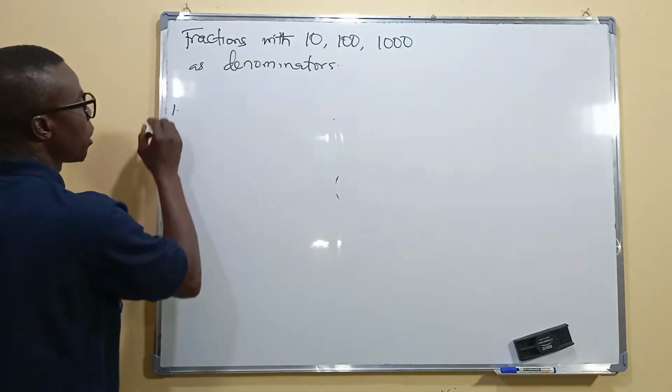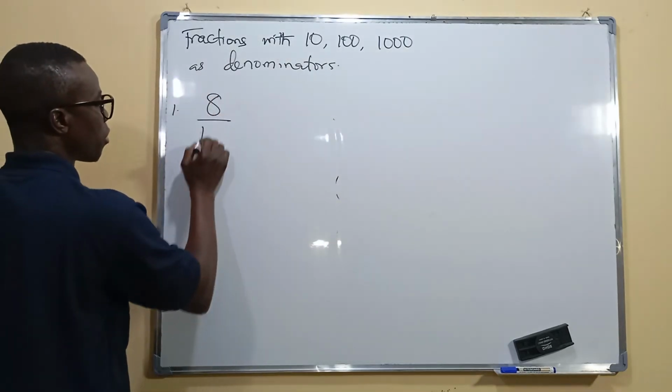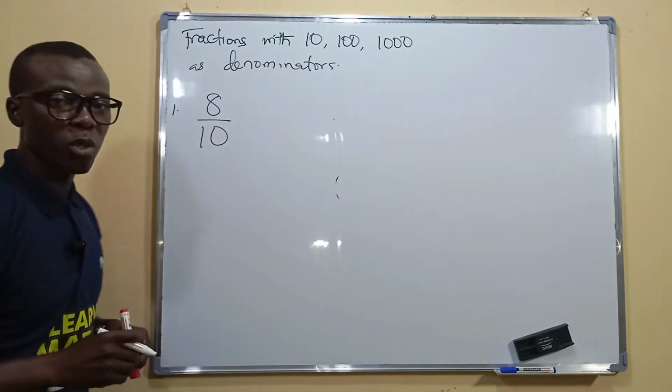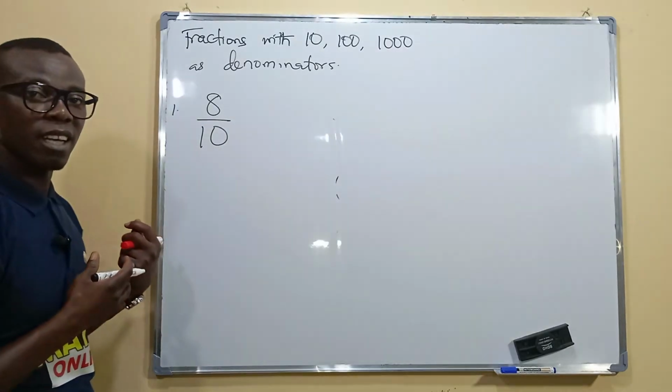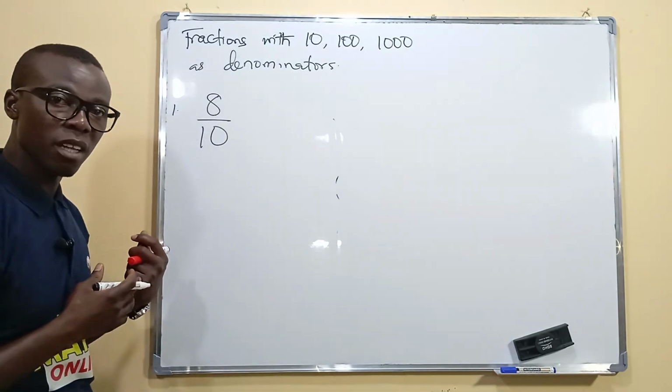So take, for example, I have 8 over 10, and I'm to represent this as a decimal.